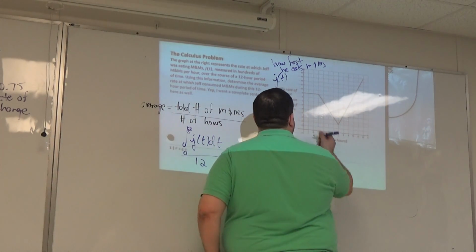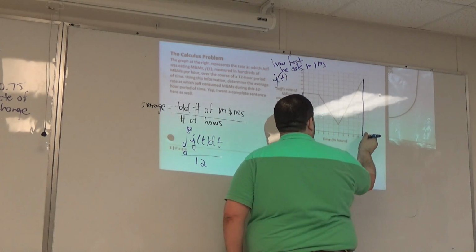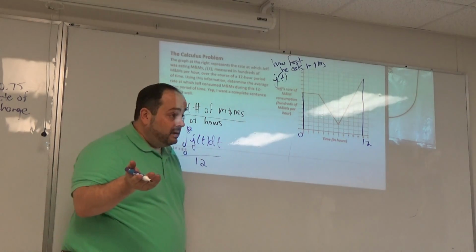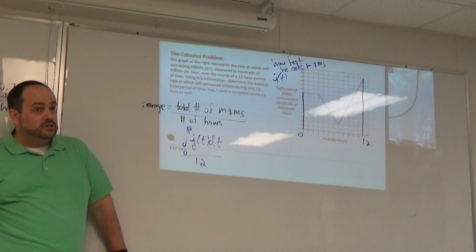And walking around, I saw a lot of folks that said, I want to go from 0 to 12. Great. Go from 0 to 12, you need the area. So good, clever thinking here is to break this up into regions.